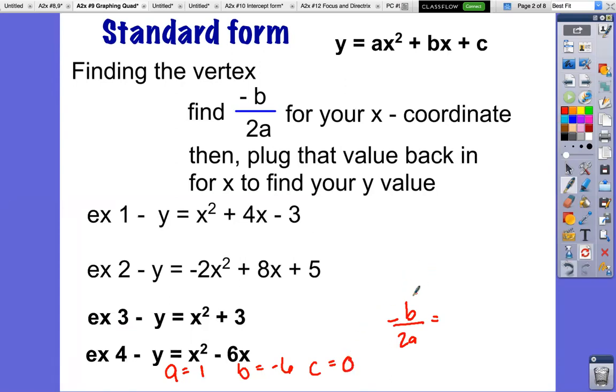It's just 0. So the opposite of B is what? +6. Perfect. Positive 6. So remember, it's the opposite. So you change the sign over. 2 times A, 2 times 1 is 2. So my H value is 3. My K value, plug it back in and see what you get.